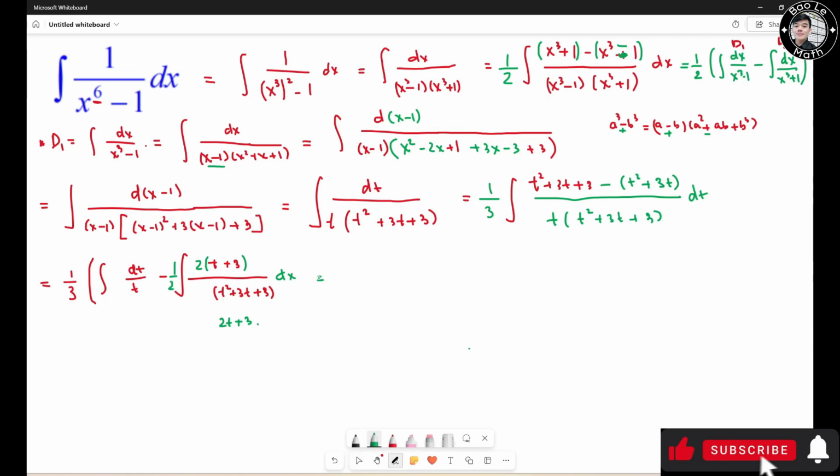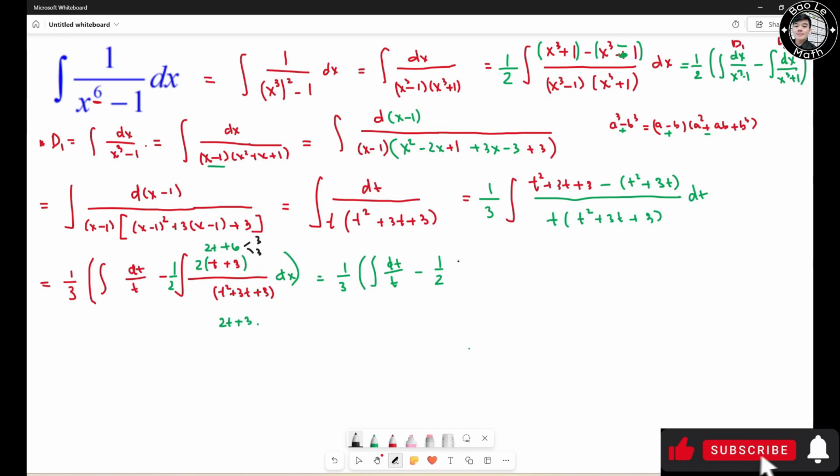Now this guy turns out to be 1/3 of the integral dt over t minus 1/2 right here. Now this one right here, I just split this one. Now if I take the derivative of this one, it turns out to be 2t plus 3. Now if I multiply this one by 2, it turns out to be 2t plus 6. So 6 right here, I can split this one into 3 plus 3, right?